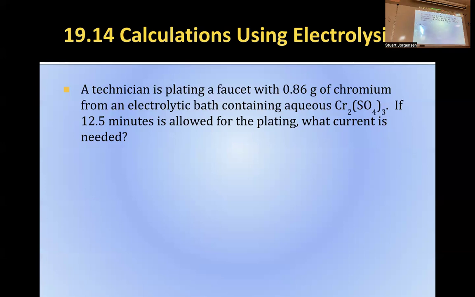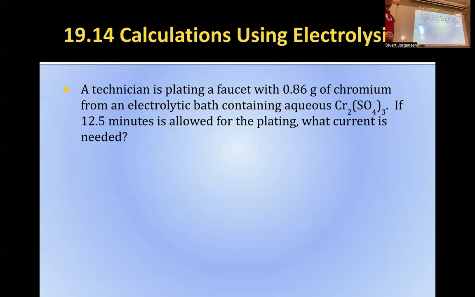Let's see. Yeah, it's going to have to be 6, isn't it? Chromium can gain 3 electrons, turn into Cr. The problem is, we don't know what the SO4 is going to turn into, do we?